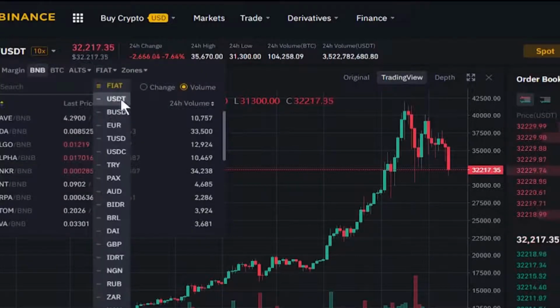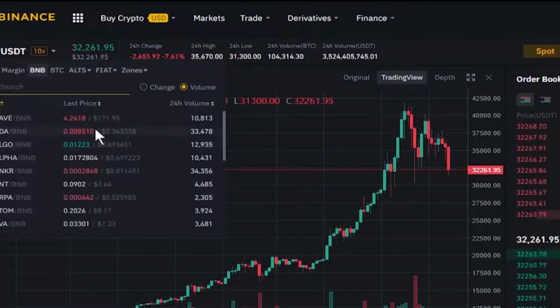We have also other stable coins like BUSD or TUSD, or you can even trade in terms of fiat currencies like Euro or Australian dollars, British pound. But you must pay attention that among all these fiat currencies, the highest trading volume is for USDT or Tether, so you will have higher liquidity for trading. Let me show you.